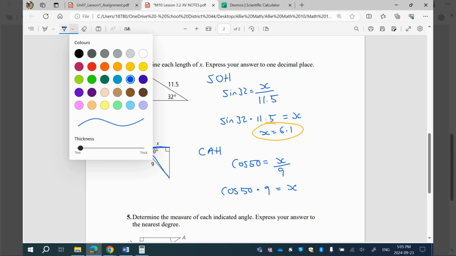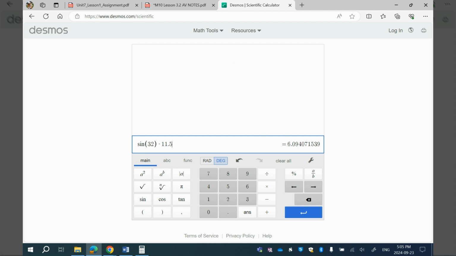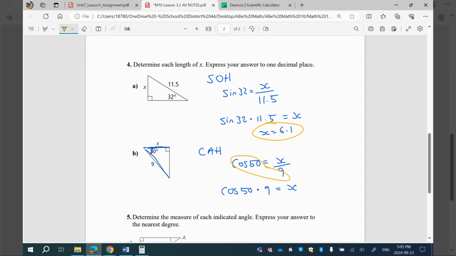Let's do it in our calculator. Cos 50 times 9 equals 5.8. So x equals 5.8. Does that make sense? I would say that does. 5.8 is less than 9. That's a reasonable answer.